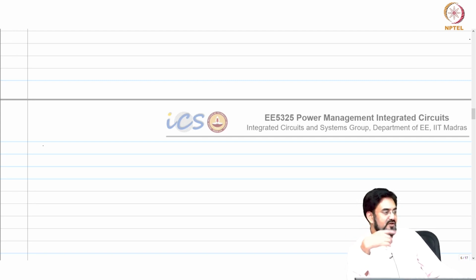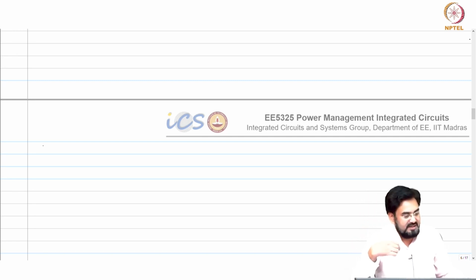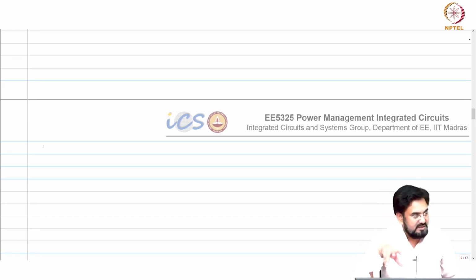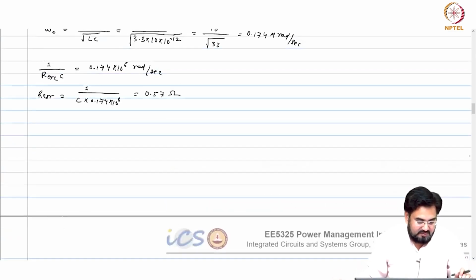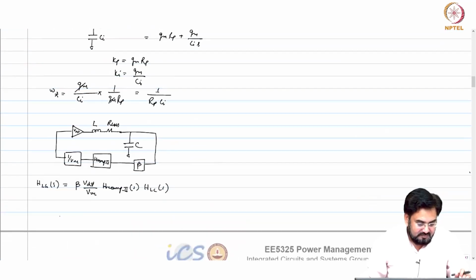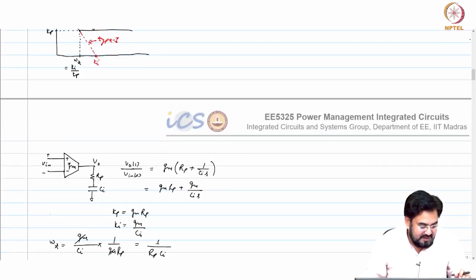And later we will know when you talk about type 3, we intentionally put that pole actually, because we want that gain to drop, otherwise there might be some noise issues. That is the one thing. Other thing is the output which you are feeding back, it has some ripple actually. So, we do not want that ripple to appear here.